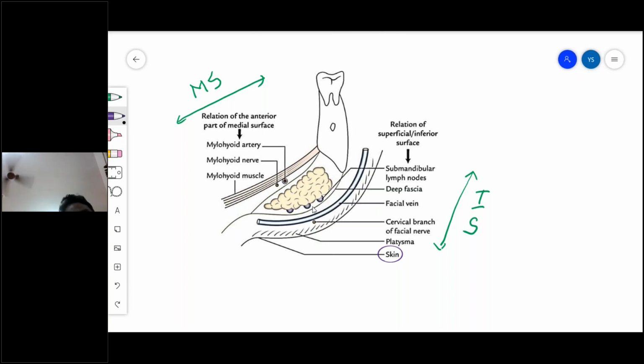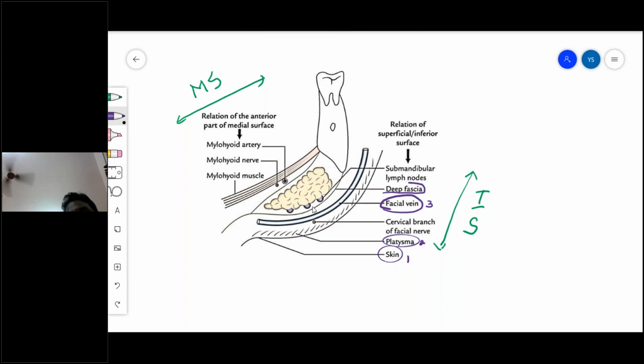Skin. That is number one. What is number two? Platysma with superficial fascia. That is number two. And number three, facial vein. And number four is important. Deep fascia. Which part of the deep fascia?